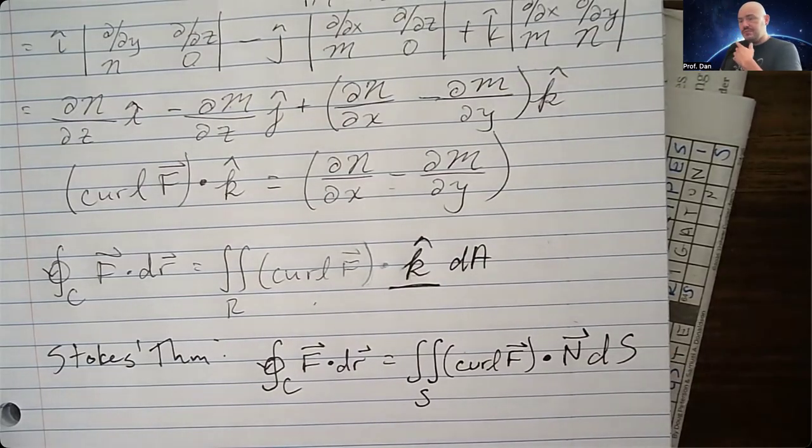So kind of to summarize these three major theorems, but pretty important. You might want to write this down actually. Green's theorem allows you to take a line integral where your line is a two-dimensional curve in a plane and rewrite it as a double integral over a plane region R, right?